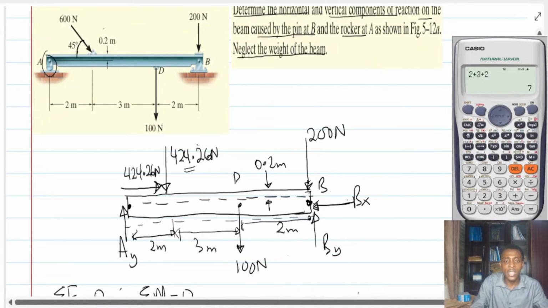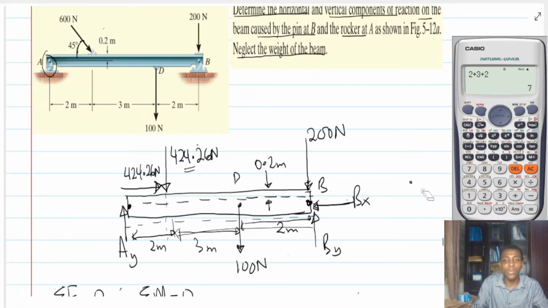And then I'm going to do the same thing for the 424.26. The line of action of the vertical force is in that direction, and what this means is that I'm going to get a force coming down here. The distance over here is all the way from this to here, so 3 plus 2, that is 5. If I have this 424.26 coming here, it's going to make this rotate counterclockwise.